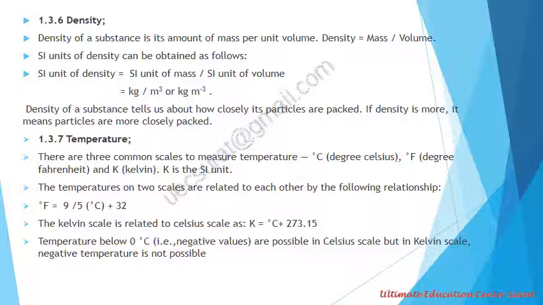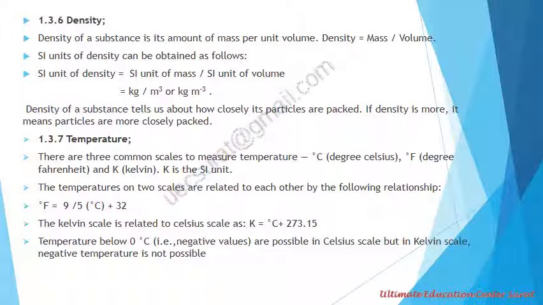If you apply this formula, you will come to know the Fahrenheit temperature. When a degree Celsius temperature is given, you can convert it into Fahrenheit, or if the Fahrenheit degree is given, then you can convert it into degree Celsius.